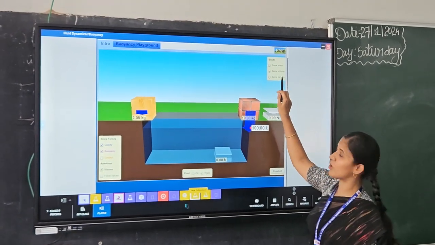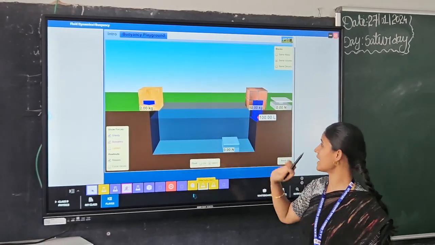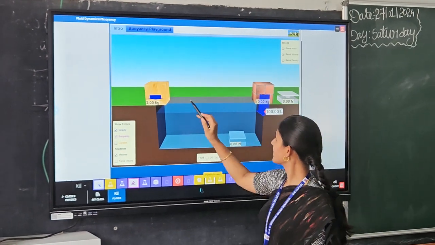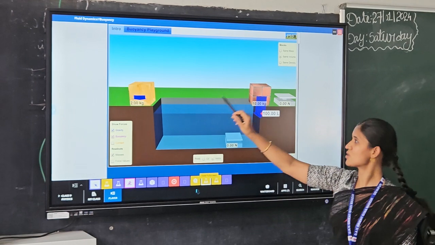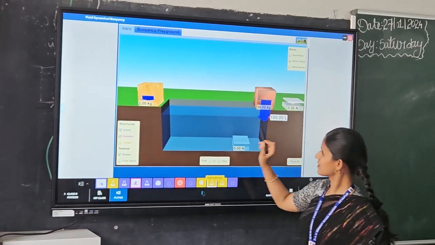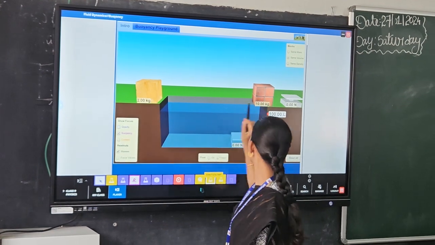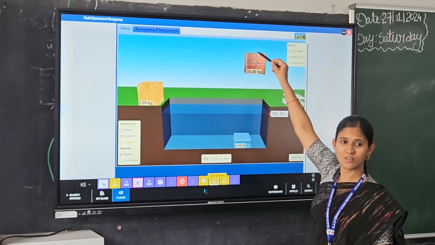Now see, I have chosen the same volume. I took two objects, and the volume is the same. Yes, no? Here I selected the same volume. So see the volume, almost the same for both. I will remove this force. You can see, no? Brick, volume same.